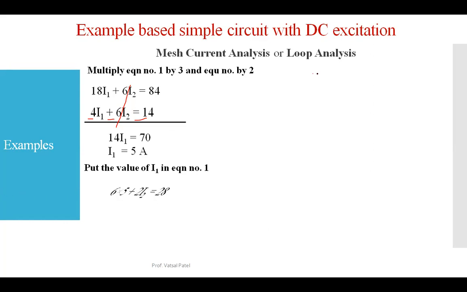So the equation is 6i1 plus 2i2 is equal to 28. In that equation, if you put I1 is equal to 5 ampere, can you tell me what is the I2 current now?